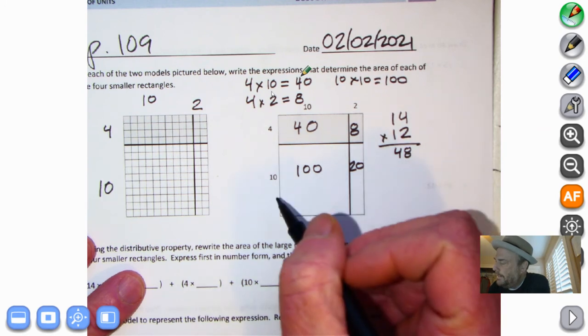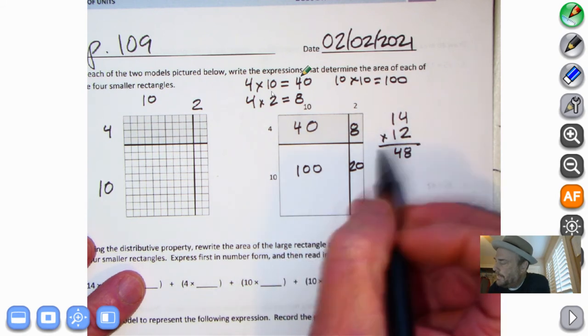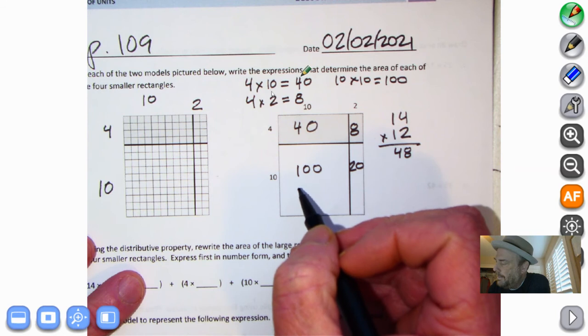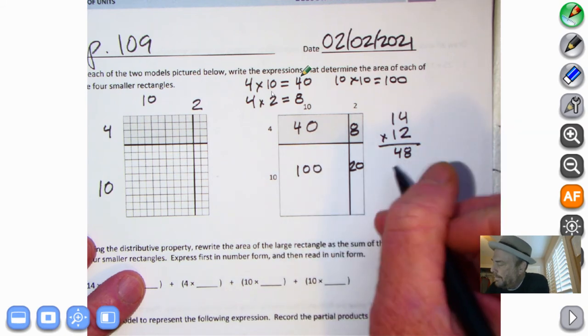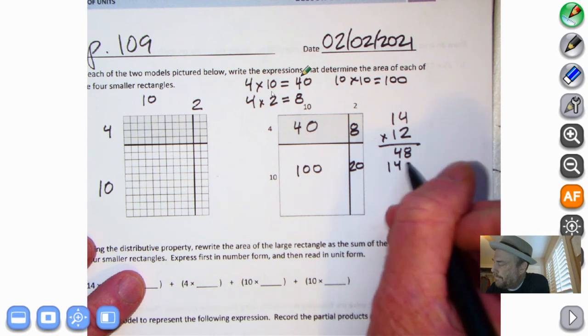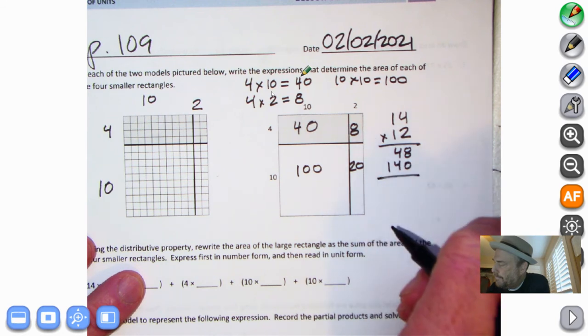And then we take the 14 and multiply by 10. And what do we get? 14 multiplied by 10 would be 140. So we put 140 here. And we're all set.